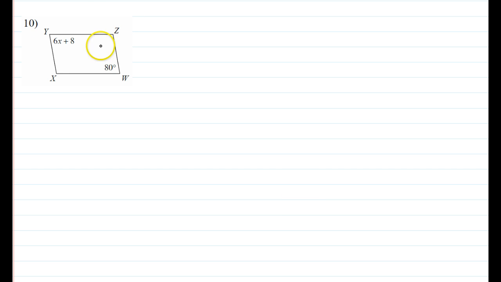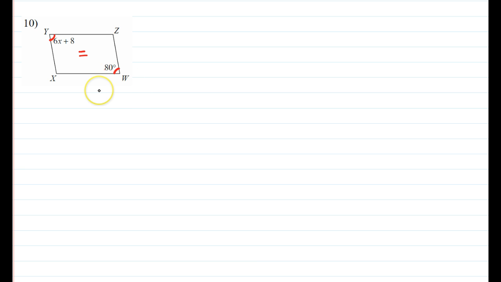Alright, number 10. As we look at this, angle W is here, and these angles are opposite, and opposite angles are equal. One of the main concepts of this unit is you have to decide, am I going to make these things equal or am I going to add them up to 180?